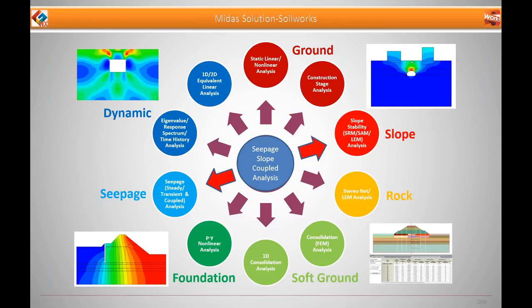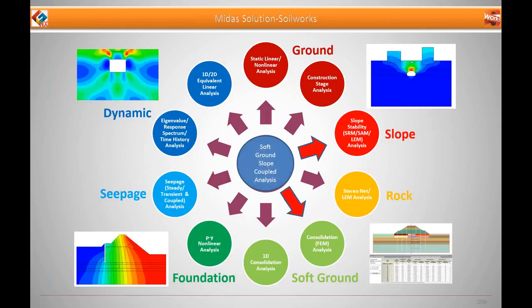Then we perform the analysis considering the pore pressure variation in the whole embankment. So you can consider the pore pressure both in LEM and SRM, and thus study the effect of the pore pressure on the slope stability, and it becomes very important whenever you are dealing with dams.